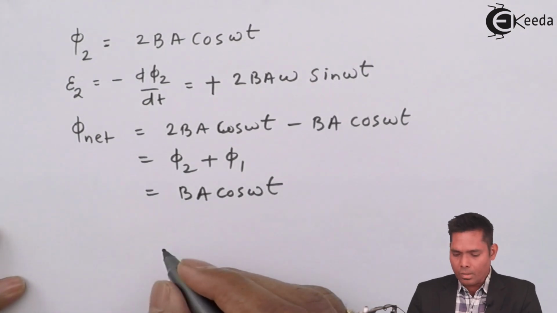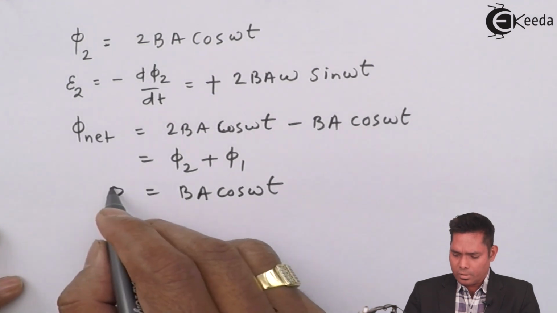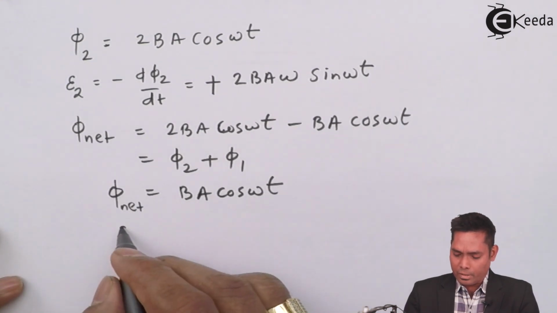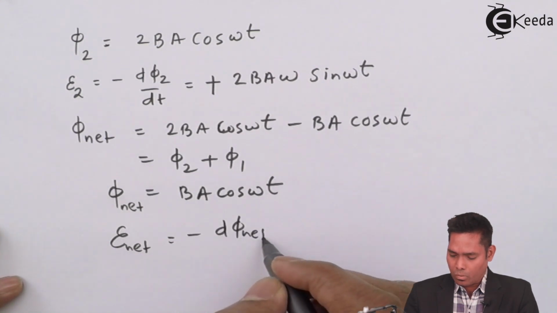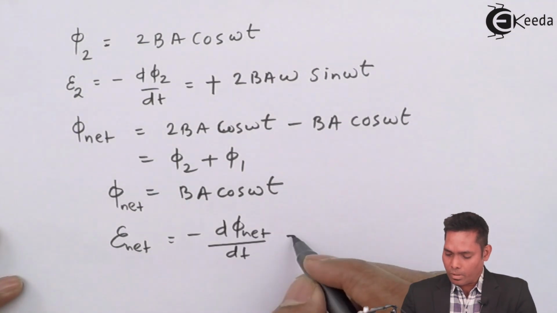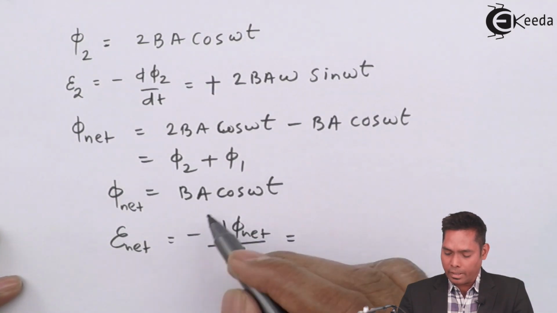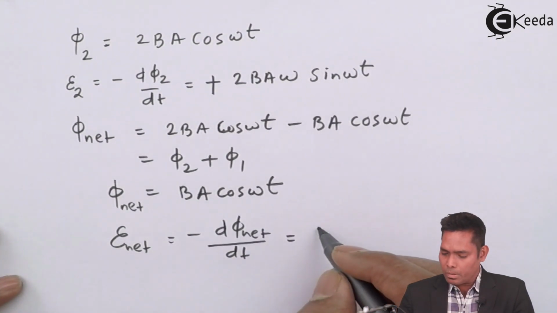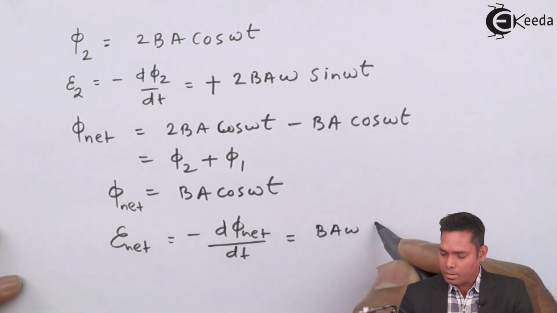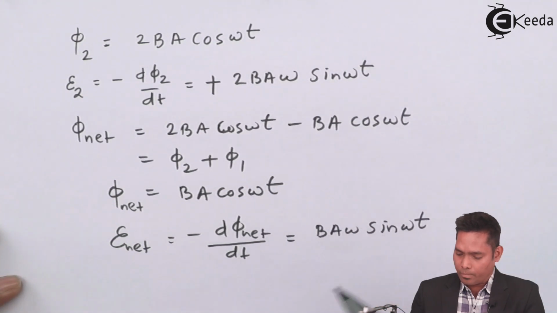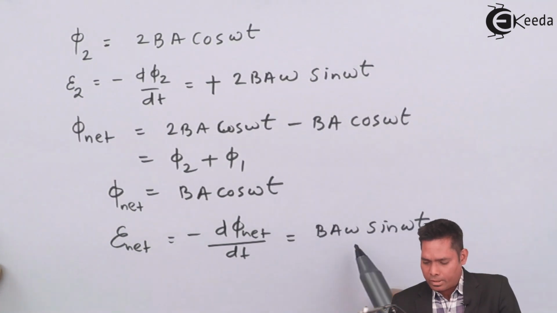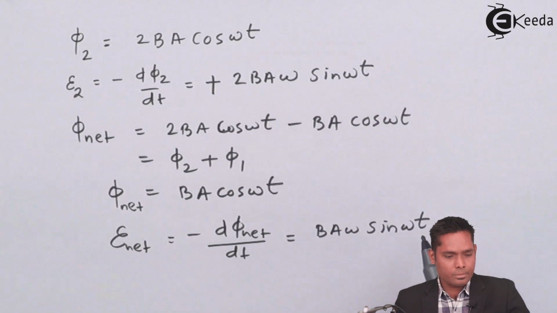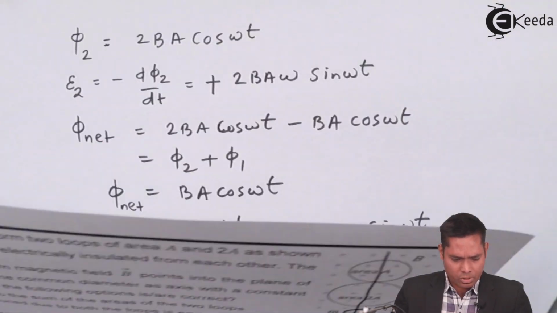If I know the net flux, then I can find the net EMF, which is minus d phi net over dt. Differentiating this, it is negative, negative, positive, so this becomes BA omega sin omega t. So I'm getting the net EMF as this, and I can check a few options.